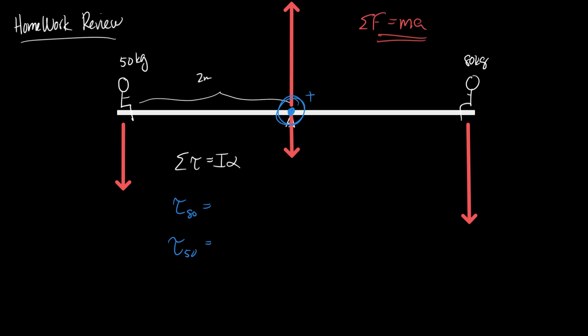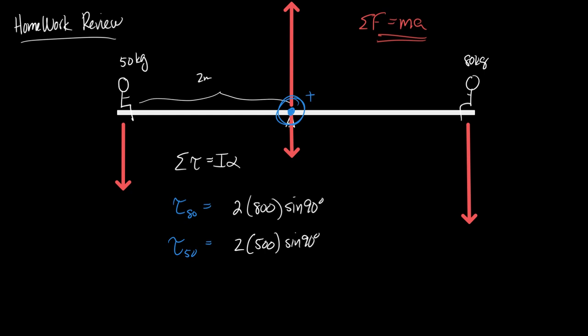Let's see, torque arm length is 2 meters for the 80 kilogram boy. The size of the force, 800 newtons. And I would argue that they gave me all the information to set sine at 90 degrees. 50 kilogram boy is also 2 meters. Their force is 500 newtons, and again, sine of 90 degrees.